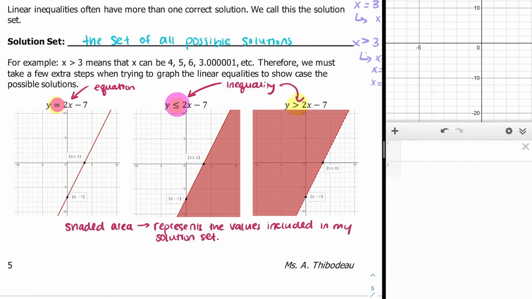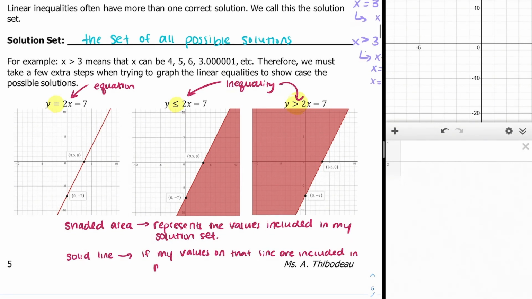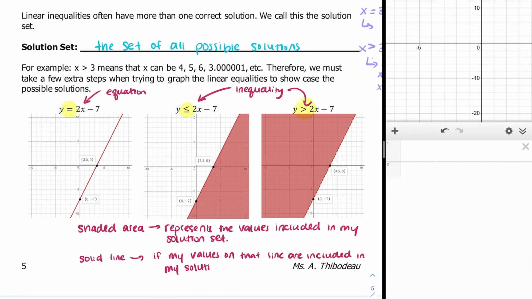It's just strictly greater than, okay? So I'm going to have two different possible lines. I'll have a solid line if my values on that line are included in my solution set.